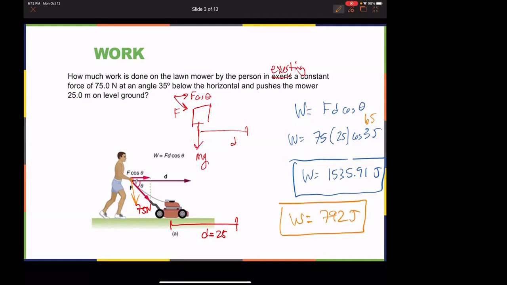So we're doing a lot less work for the same amount of force. If we're going directly behind the mower at 75 newtons, now we're doing the maximum amount of work we could do in this situation for 75 newtons. So the taller you are, the harder it is to push the mower, or the more force you have to apply to push the mower with the same amount of work.